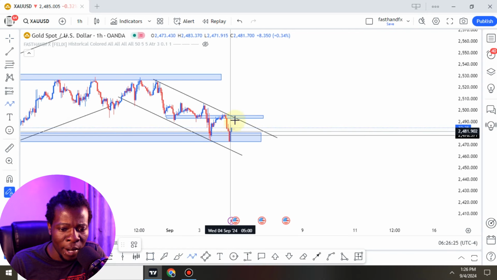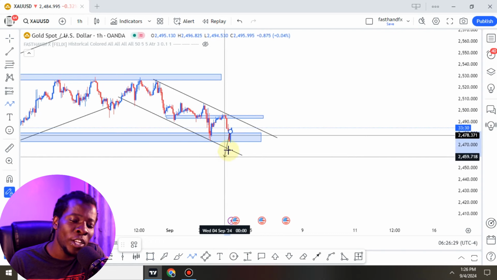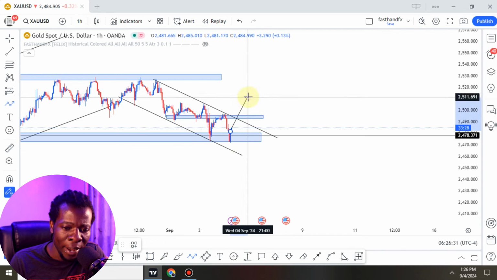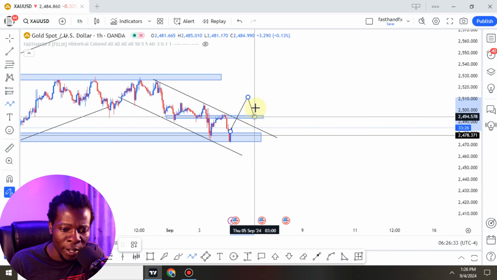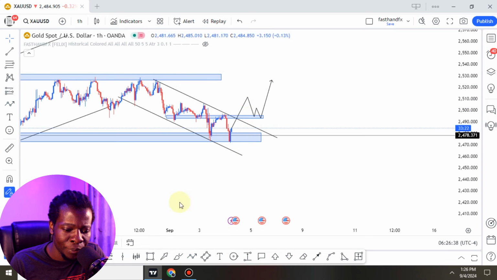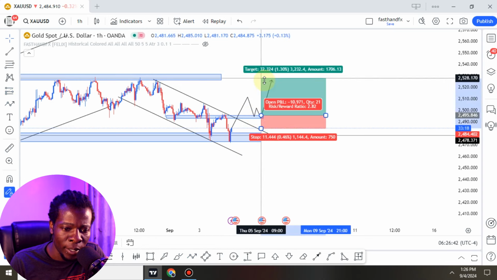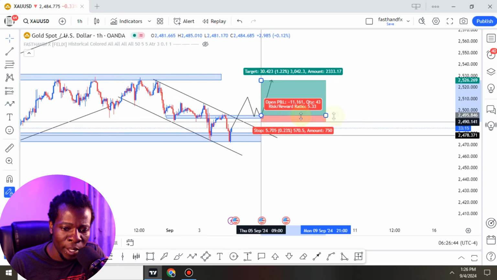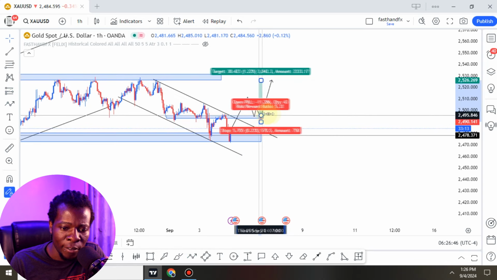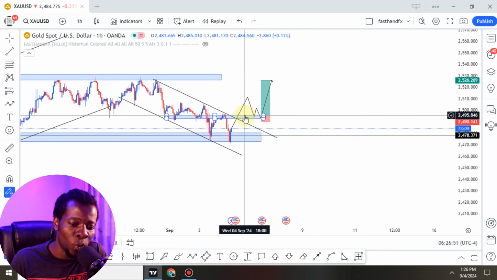So right now we see price pushing around this level or towards that level. So if we want to take a buy, let the market break that level right there, then that's when you target this level right here. Boom, then something like this, and of course your stop has to be below that level, right? That is if price breaks out of this zone, right?